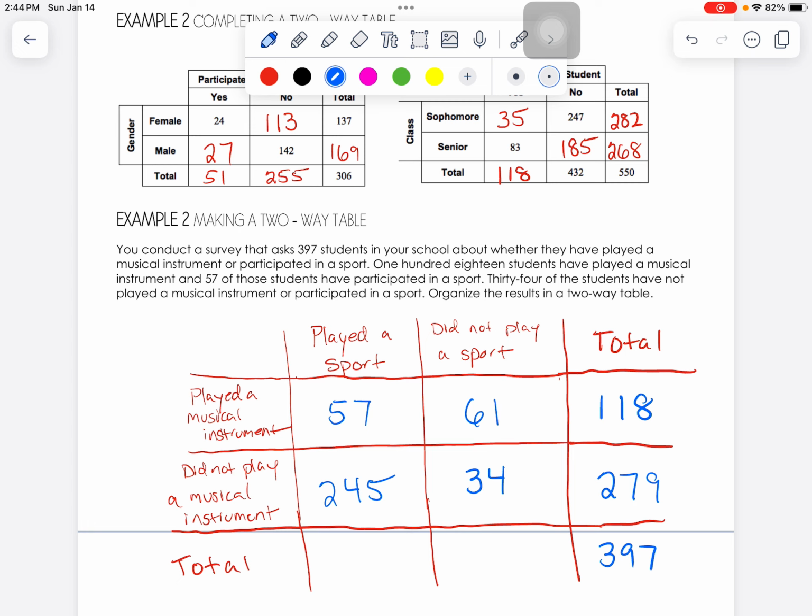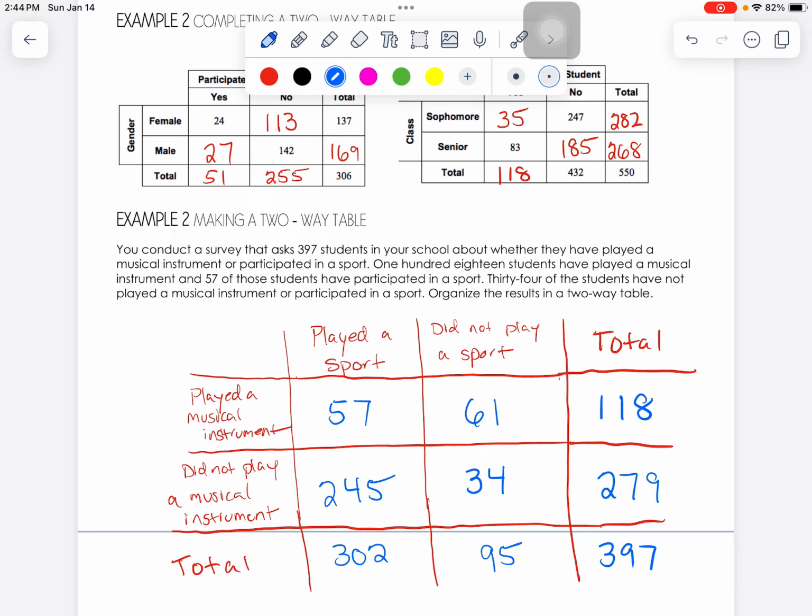And then 57 plus 245 tells me 302 played a sport. And 61 plus 34 tells me 95 did not play a sport.